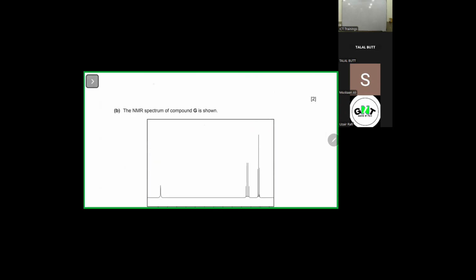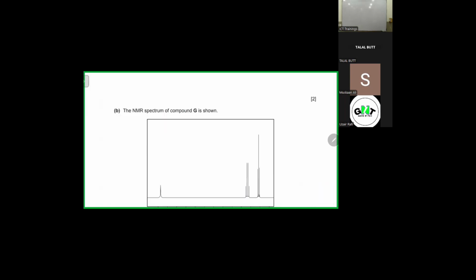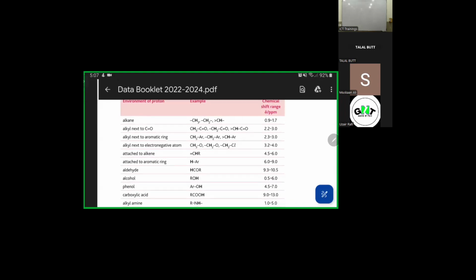Now we can find it out from the data booklet. What are the values we got up there, guys? Have a look up here. The first is 1 and then 2 and then 12. 1 is CH3, so write CH3. The 2 is CH2 and C double bond O. And then 12.